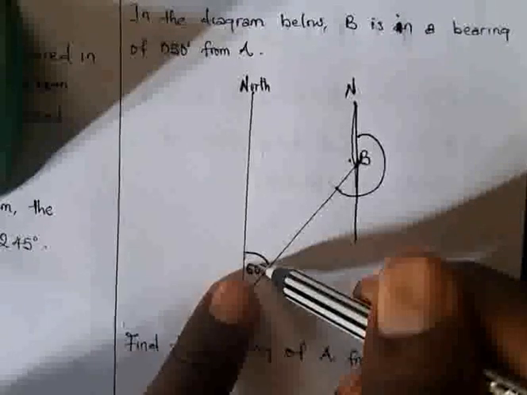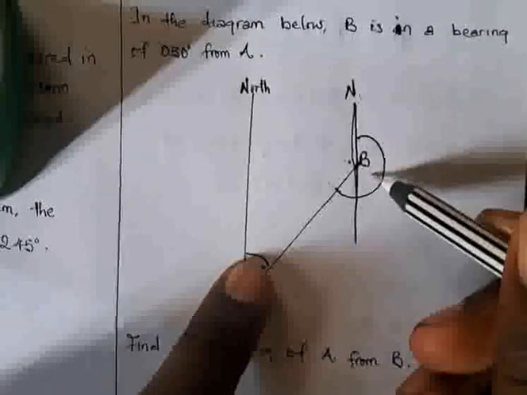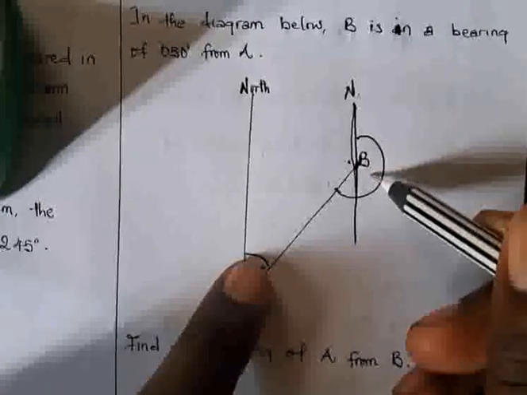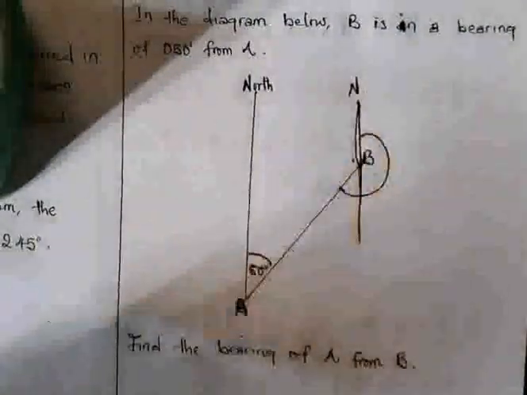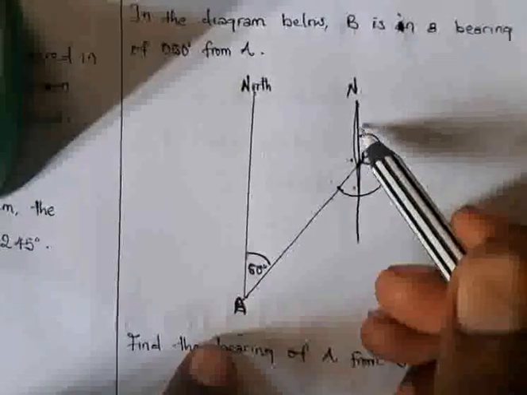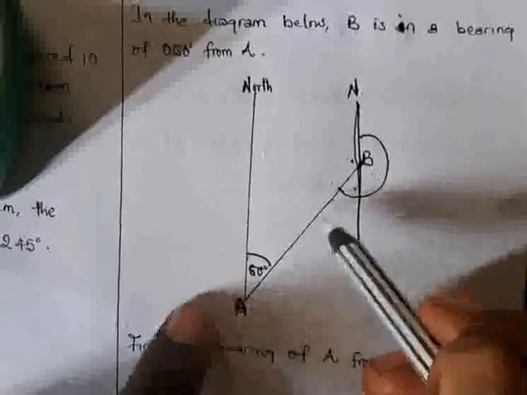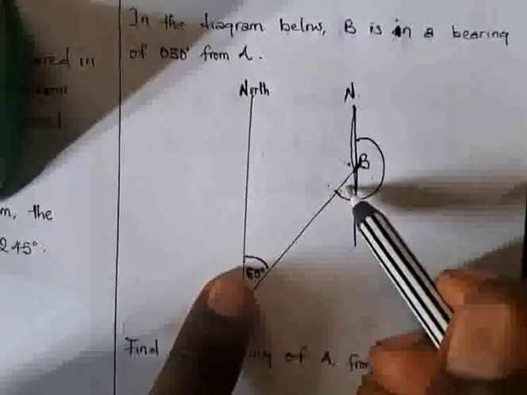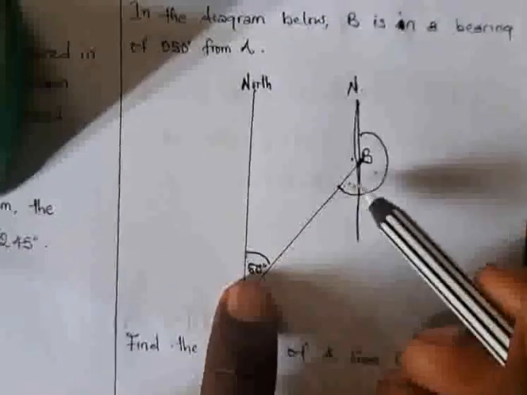This angle and that angle here make 360, so I'm going to say 360 minus 130. Or you can say this one and that one are alternate angles. So when this one is 50, this one is also 50.